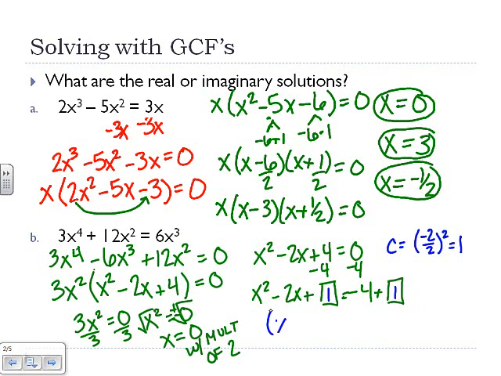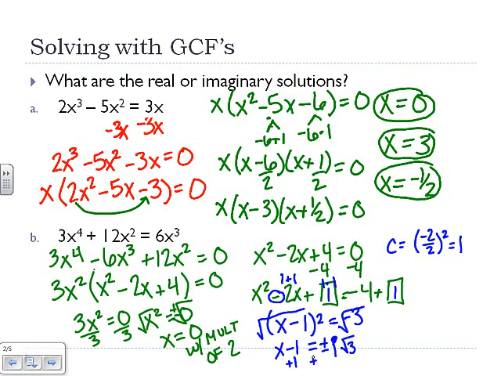Now remember that this factors as x minus 1 squared, because the factors of 1 is 1 times 1, and then 1 plus 1, and you always keep the middle sign. And it equals negative 3. Take the square root of both sides, and you get x minus 1 equals plus or minus i root 3.